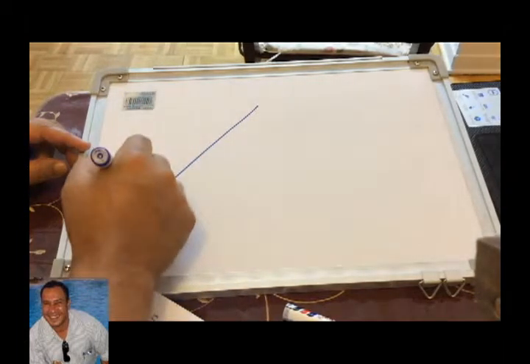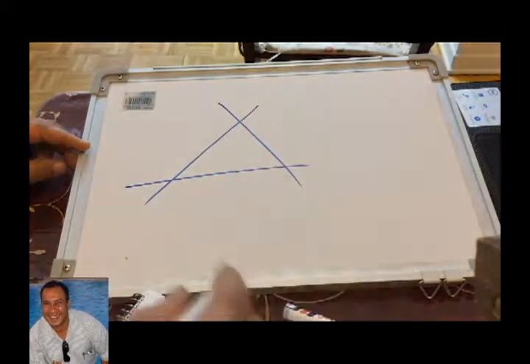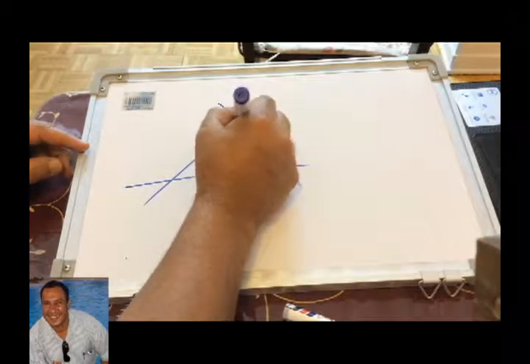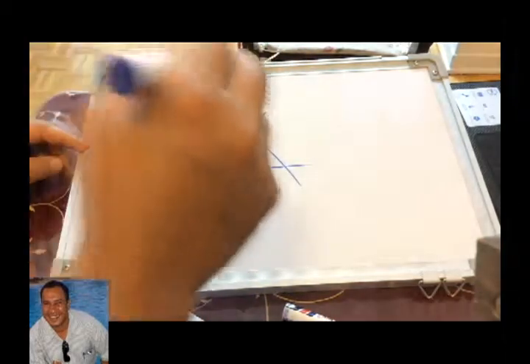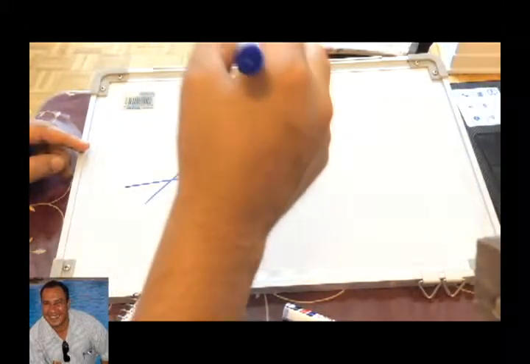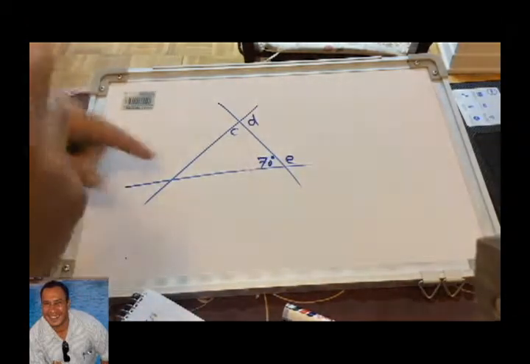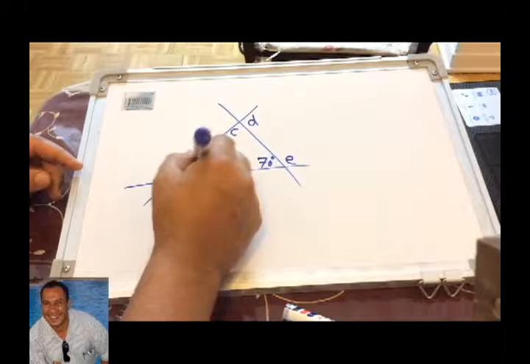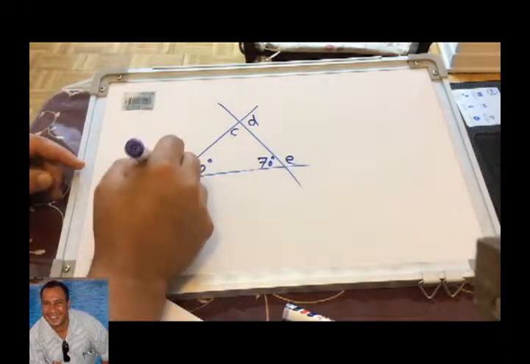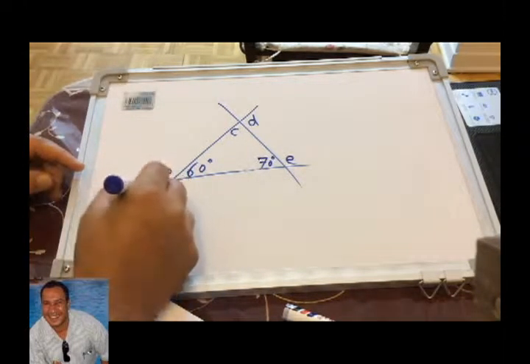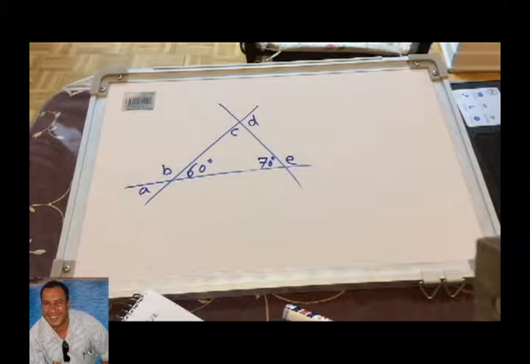Another line like this. This is C, D, E. This is 70 degrees, and this angle is 60 degrees. This is B, this is A, and in this problem he asks which of the following is greatest.